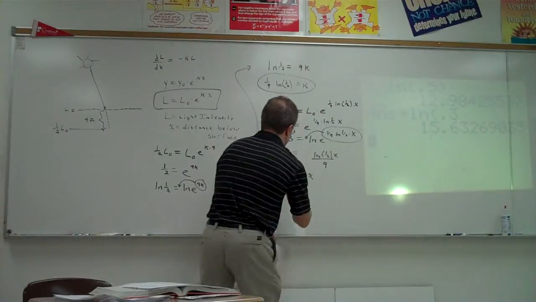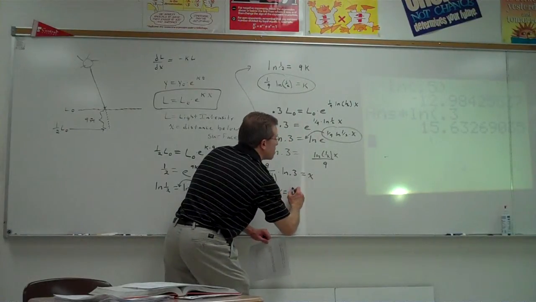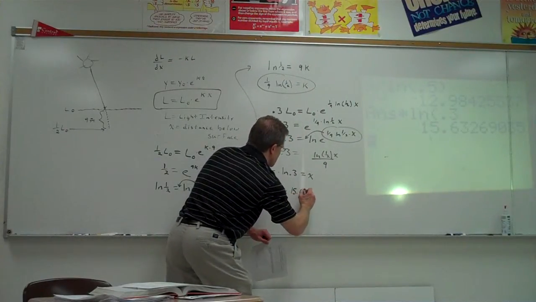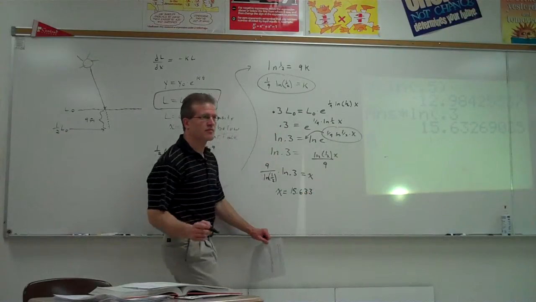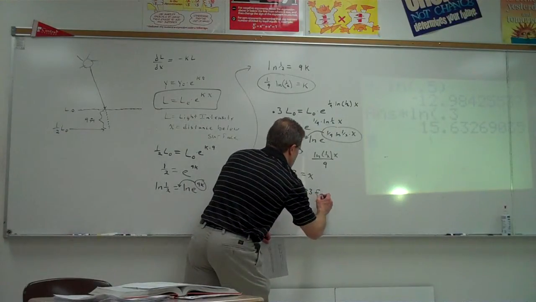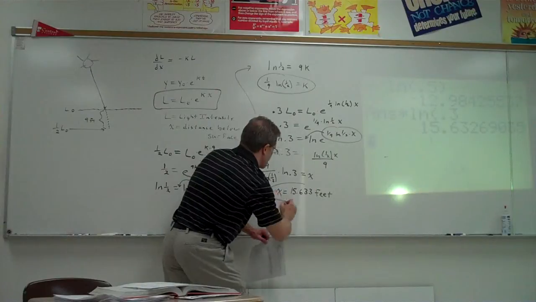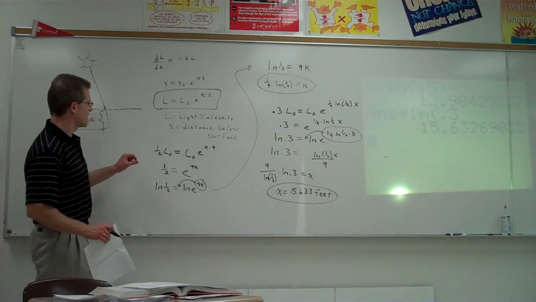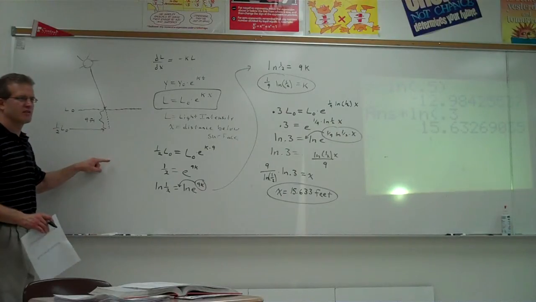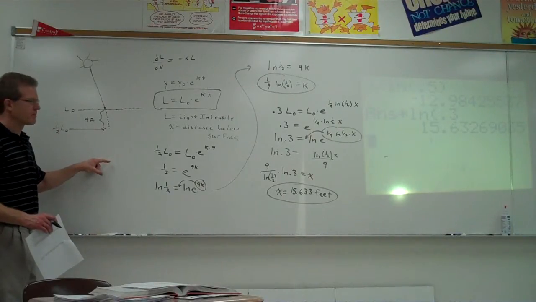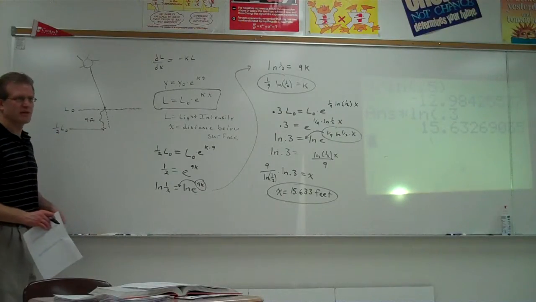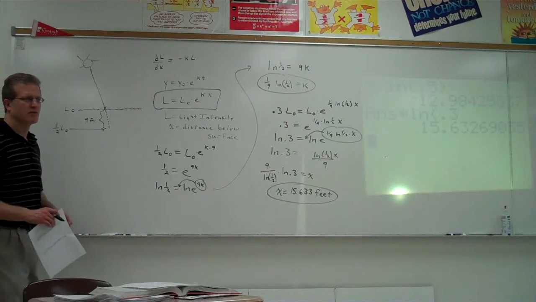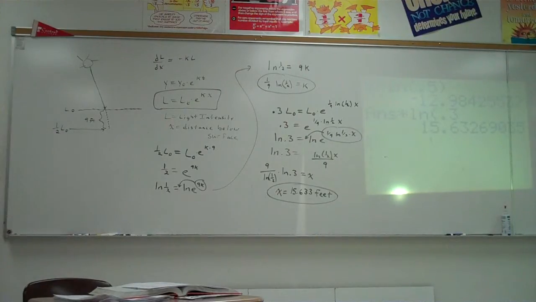So x equals 15.633. What would be the label on that? Feet. Yep. So you have to be between 15 and 16 feet below the surface of the water before you'd be down to only 30% of the light intensity remaining. Any questions about that?